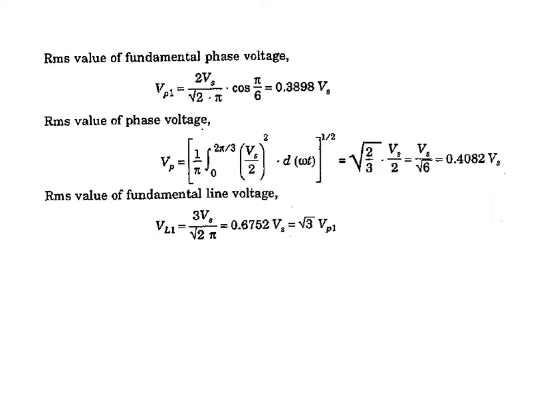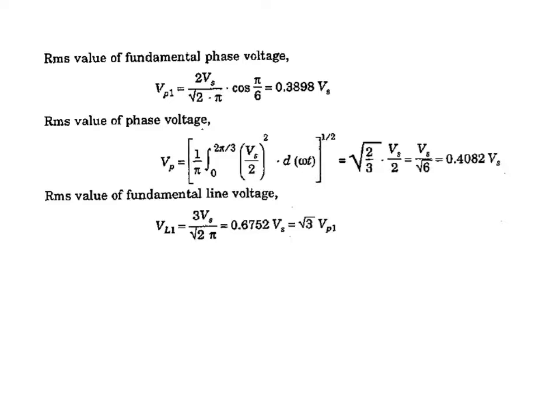The RMS value of fundamental voltage Vp1 is equal to 2 Vs divided by under root 2 pi cos pi by 6. If you solve this, the fundamental value of phase voltage Vp1 is equal to 0.3898 Vs. Similarly, the RMS value of this phase voltage can be found out.